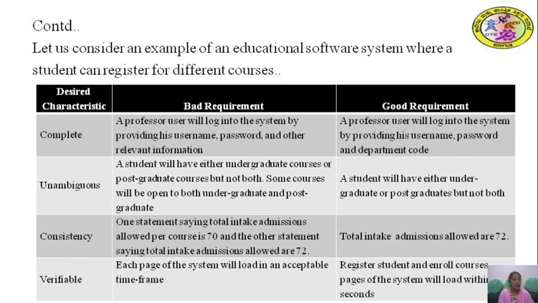Therefore, it is obvious to convert this bad requirement into a good requirement, which is: a student will have either undergraduate courses or postgraduate courses but not both, which means that every course will be marked as either an undergraduate course or a postgraduate course.